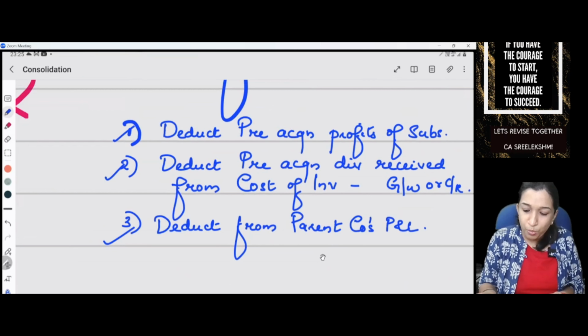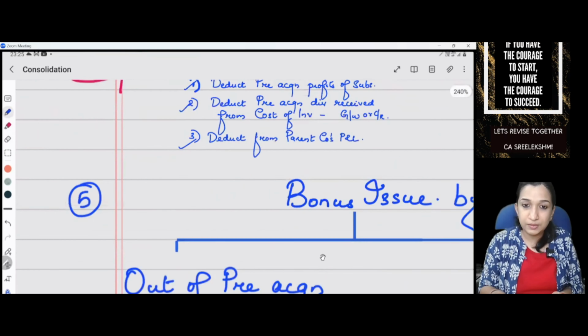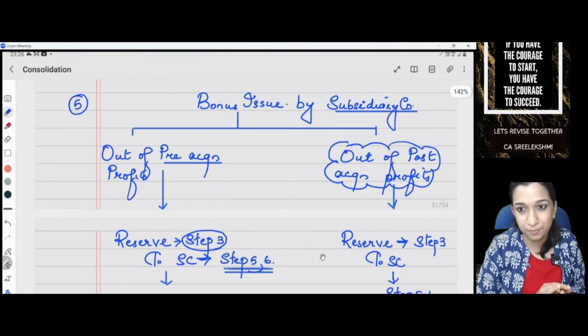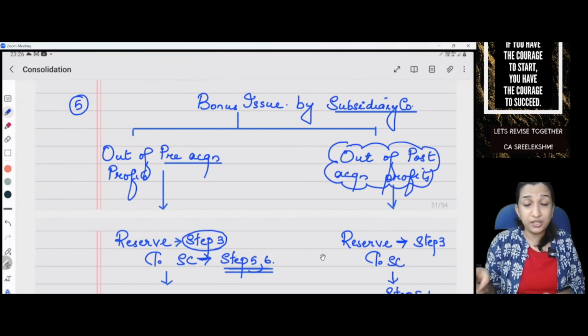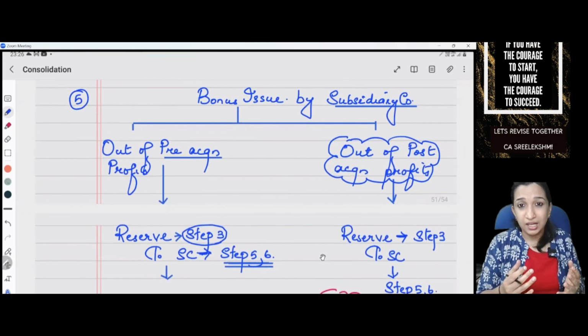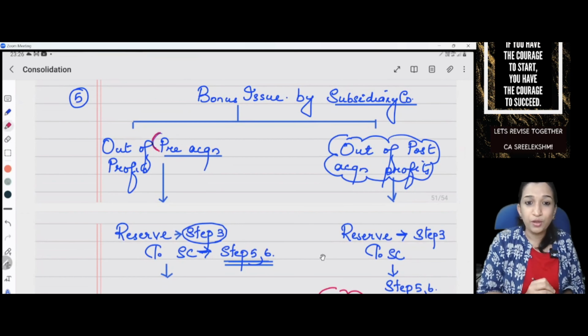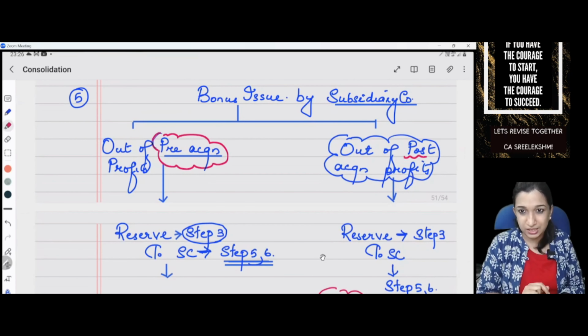Then the next one is bonus issue by subsidiary company. The subsidiary company has issued bonus shares in the current year. Bonus shares can be issued out of pre-acquisition profits, or out of post-acquisition profits.